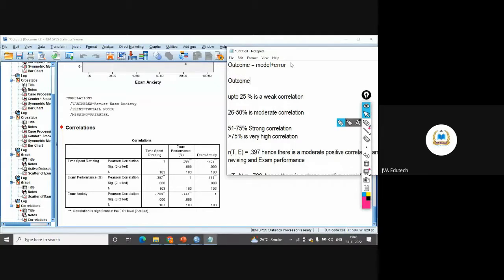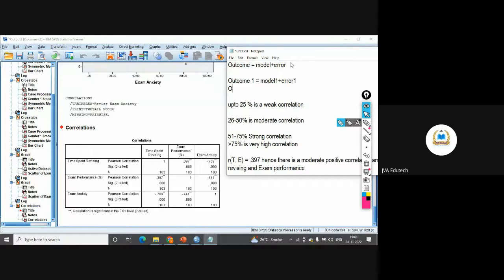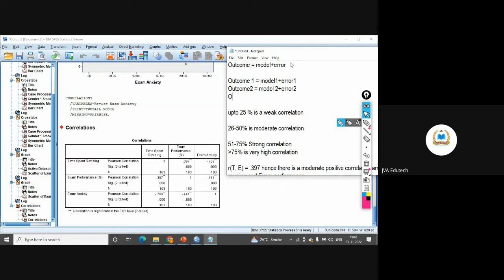Outcome 1 is equal to model 1 plus error 1. Outcome 2 is equal to model 2 plus error 2. Outcome 3 is equal to, that's why I'm talking of this thing, model 3 plus error 3.